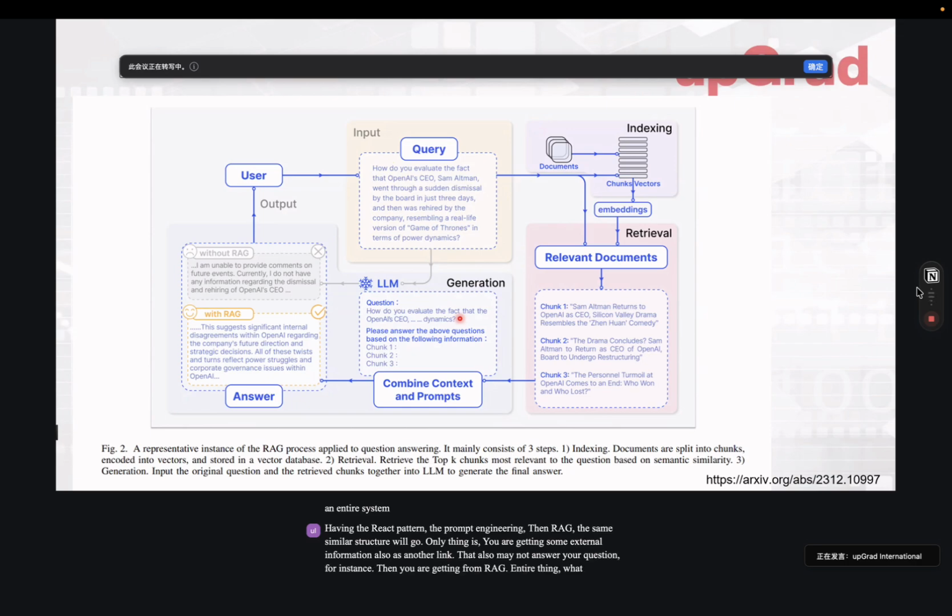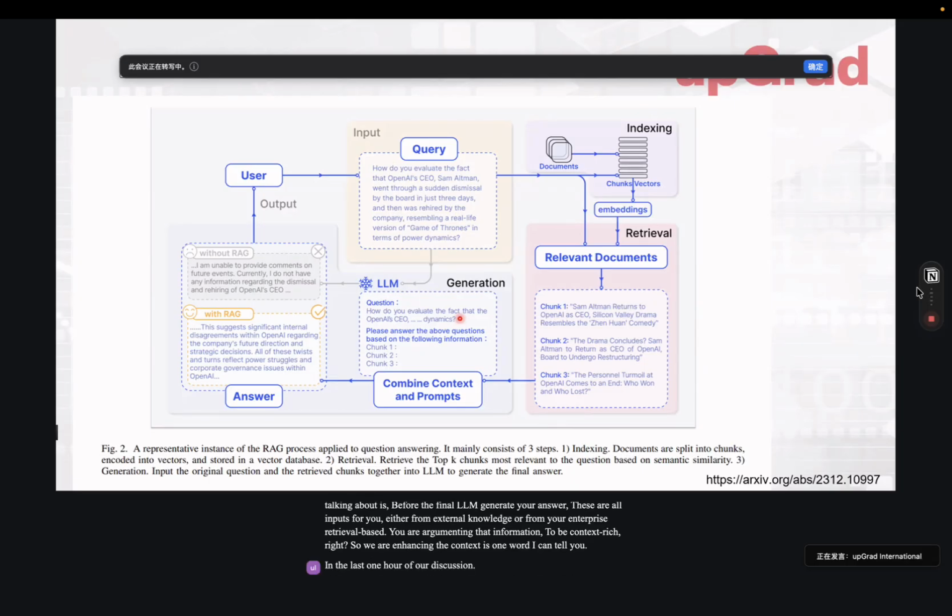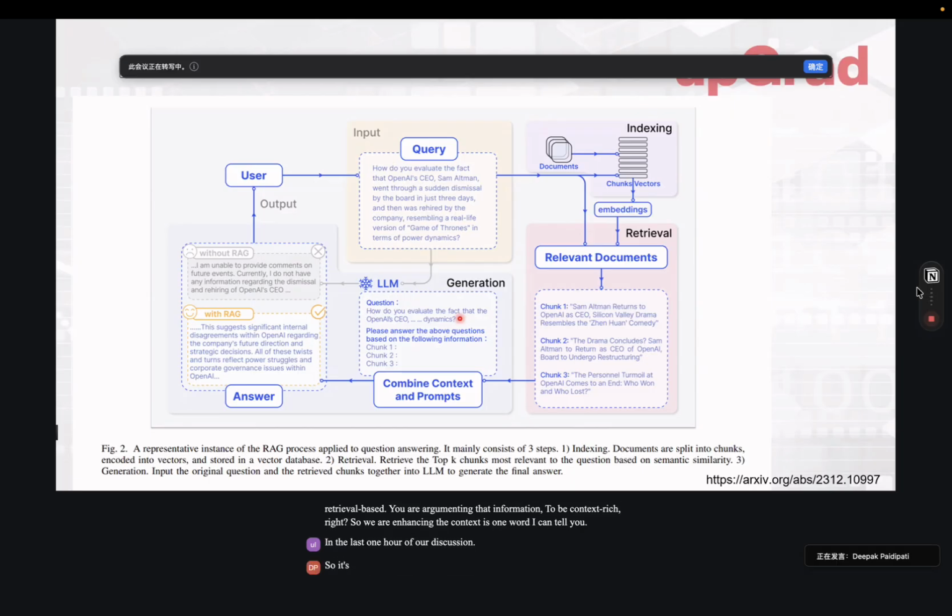Before the final LLM generates your answer, these are all inputs for you, either from external knowledge or from your enterprise retrieval. You are augmenting that information to be context rich. So we are enhancing the context, is one word I can tell you from the last hour of our discussion. So it's not just basing it on its own memory, but also augmenting. Exactly. That is what augmenting is.